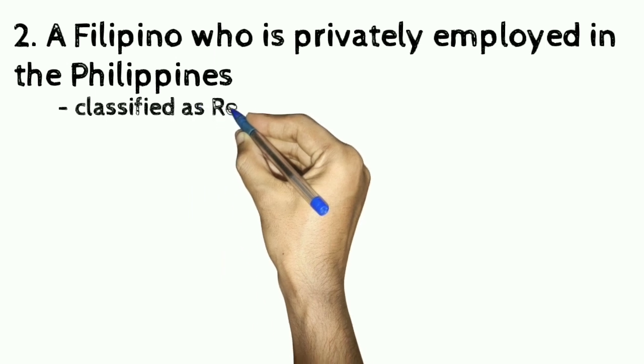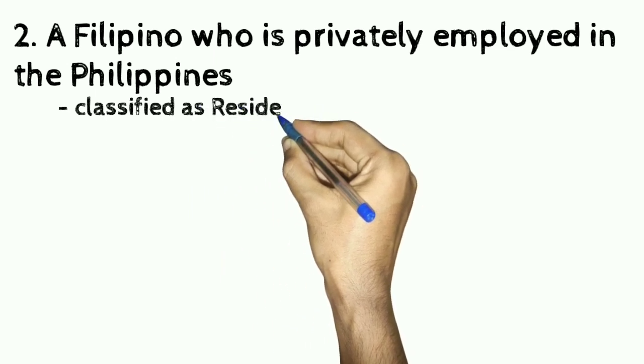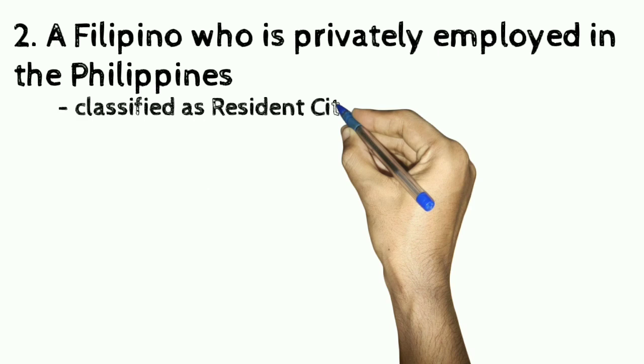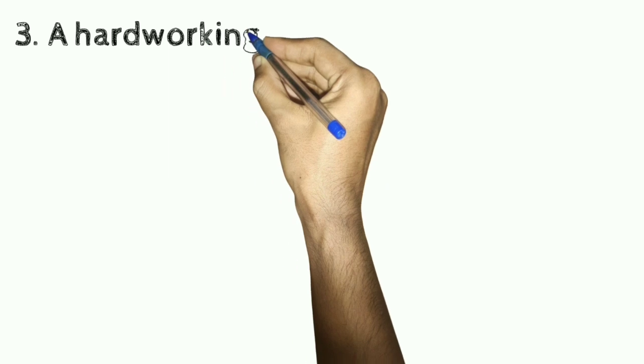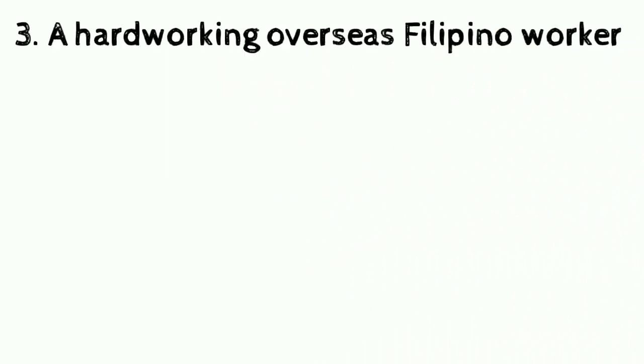That's why the appropriate classification for this is still a resident citizen. So whether unemployed siya or employed, basta Pinoy at tumitira dito sa Philippines, then he will still be classified as a resident citizen. Next example is a hardworking overseas Filipino worker.